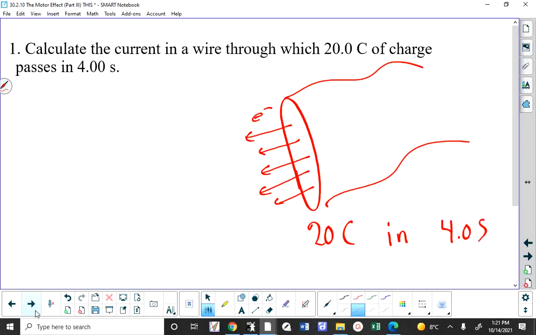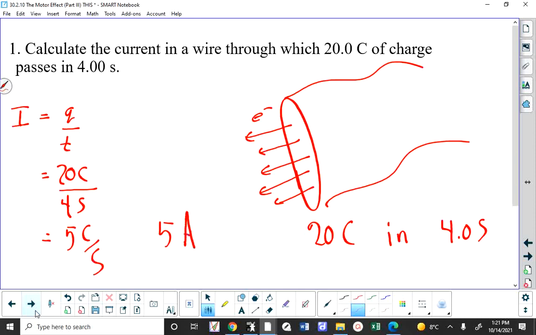Well, I don't even think you need a calculator for this. You can use a calculator because we're so used to it, but it's charge over time. Current equals charge divided by time. So that's 20 coulombs divided by 4 seconds, which is 5 coulombs per second, or 5 amps.